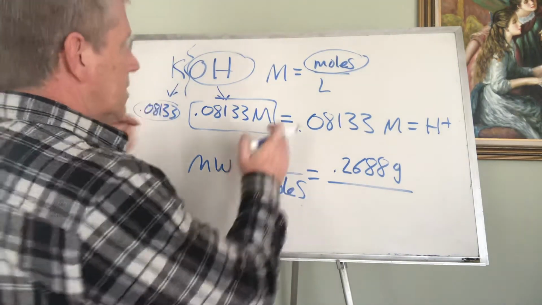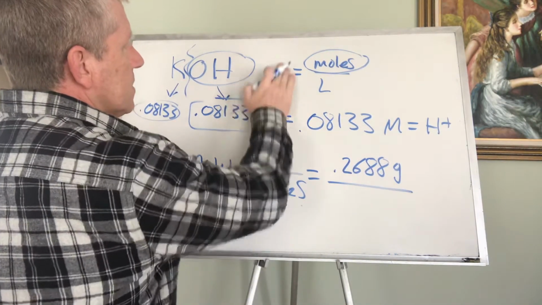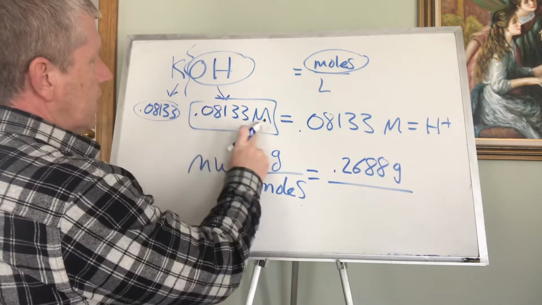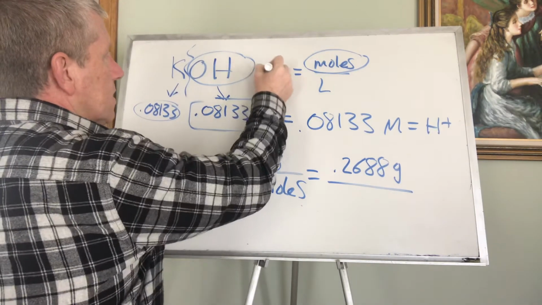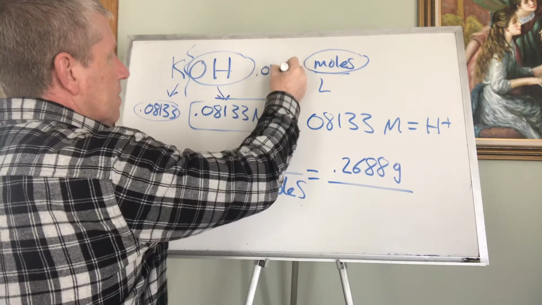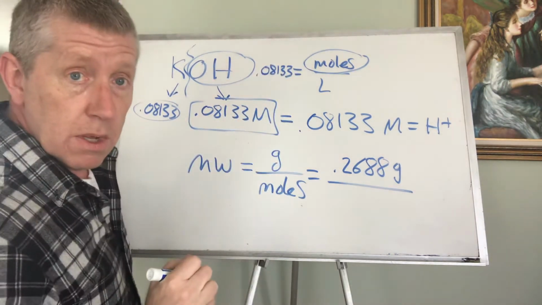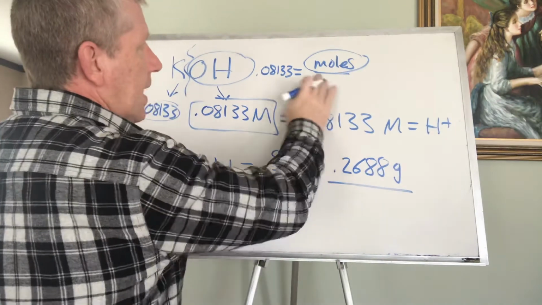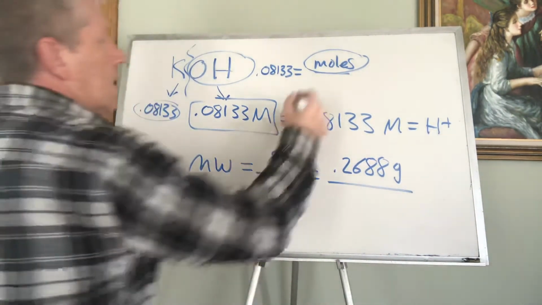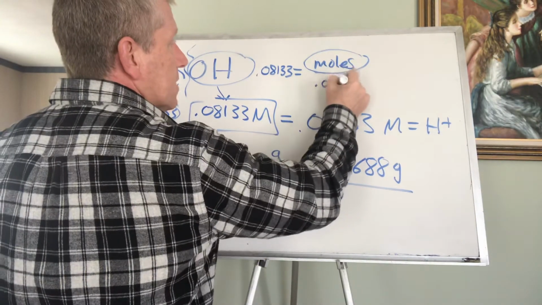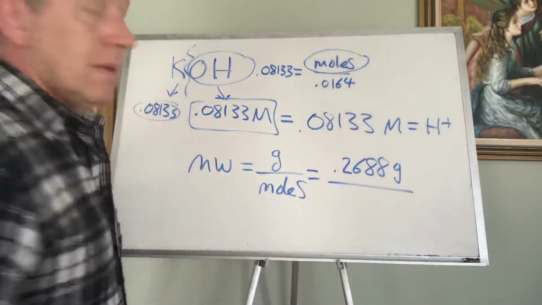Okay, so let's go ahead and put some numbers in for this. I know that the concentration of the hydroxide is 0.08133. And I know how many liters of the hydroxide that I had. Now I have 16.4 milliliters, so that's 0.0164 liters.